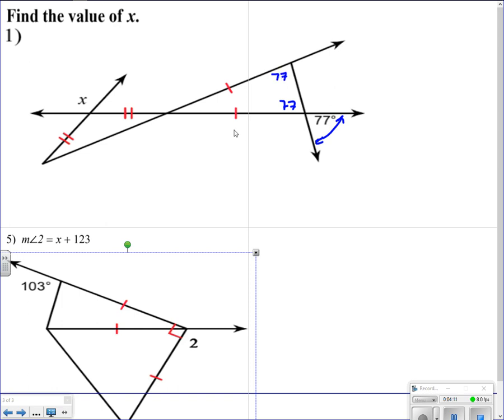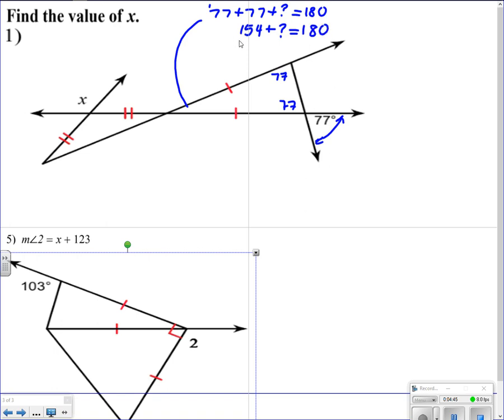Okay? And now to find this angle, you know that 77 plus 77 plus question mark, this measurement, is equal to 180. If you add them all, you're going to get 180. 7 plus 7 is 14. Carry your 1. 7 plus 7 is 14, plus 1 is 15. Plus question mark is equal to 180.